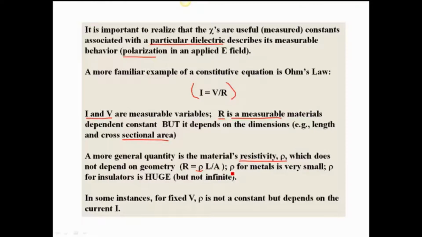As you know, the resistivity for metals is very, very small. The ρ for insulators is huge, but not infinite. You can put very high voltages across insulators and measure the current through those insulators. In some instances, for example, for fixed voltage, the resistivity is not a constant, but depends on the current I.